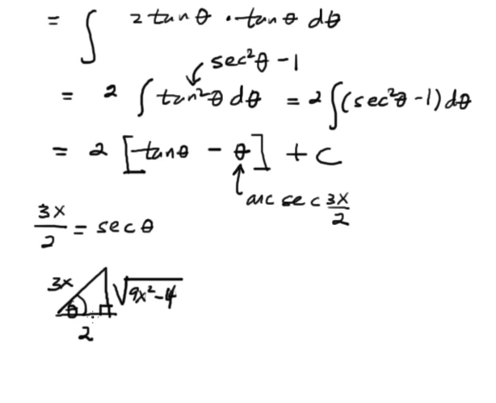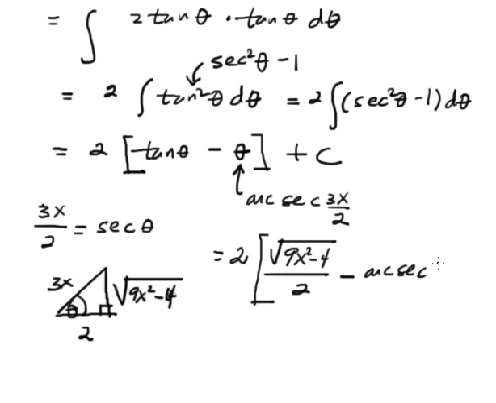So using this, tangent theta is opposite over adjacent, the square root of 9x squared minus 4, divided by 2. All right, so let's substitute back. So for tangent theta, we have the square root of 9x squared minus 4 over 2, minus, and for theta we have arc secant of 3x over 2, plus c.